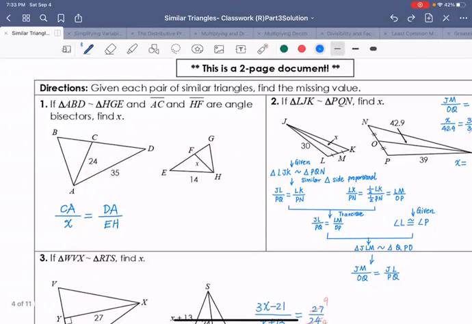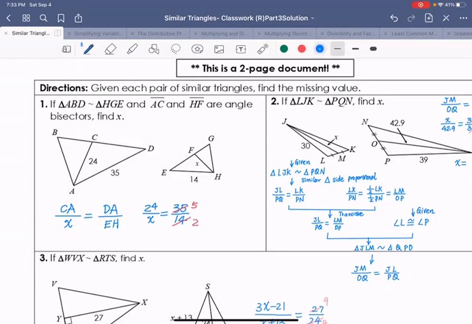So 24 over X, and then 35 over 14. Let's simplify. 35 is 5, and then 14 is 2.